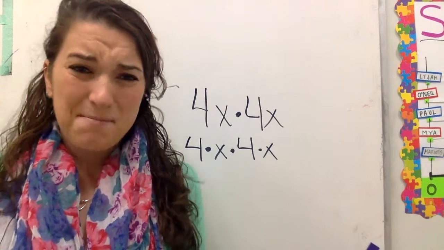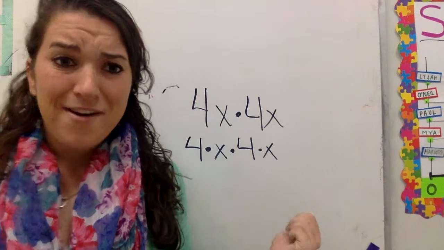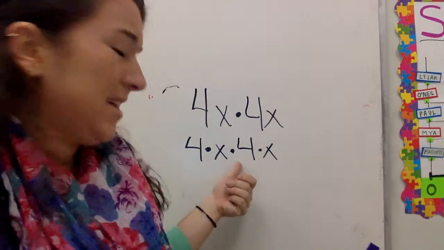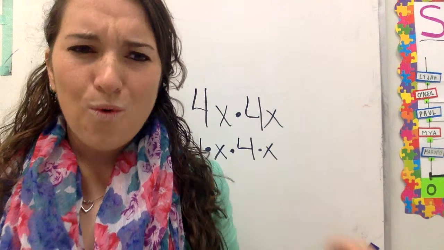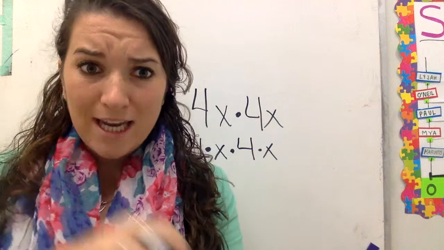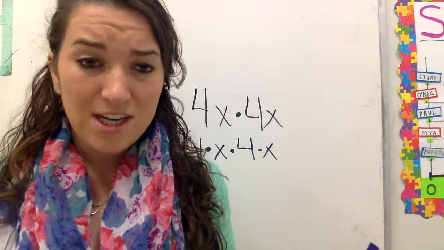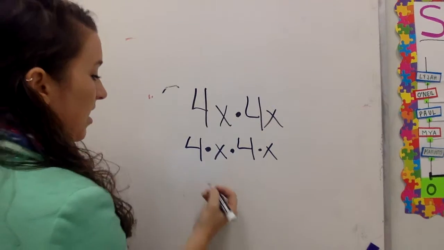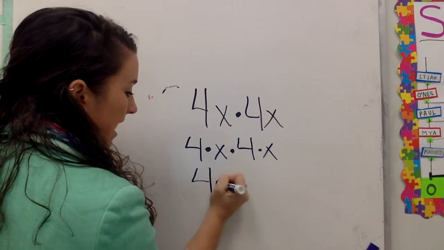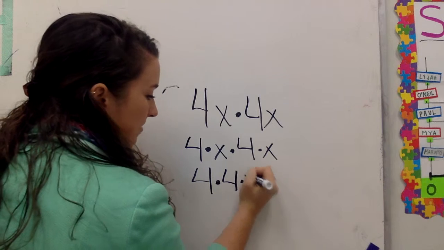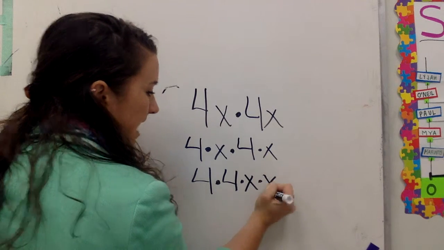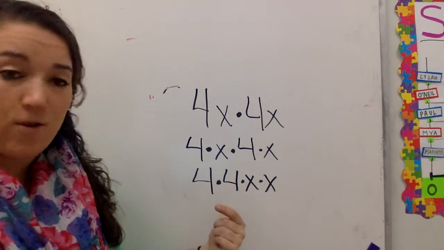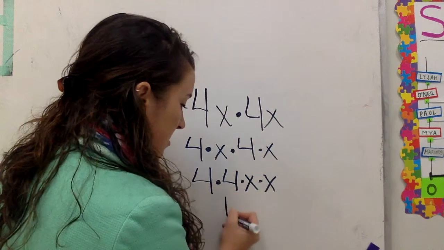I can't simplify unless I know what x is. 4x can't be simplified any further. But I know that this can be simplified further. So what I'm going to do is rearrange the order of the multiplication so that I can multiply the numbers together and the x's together. So then I'll have 4 times 4 times x times x. So then I'm going to multiply it out. 4 times 4 is 16.